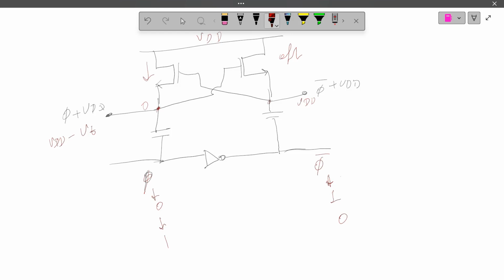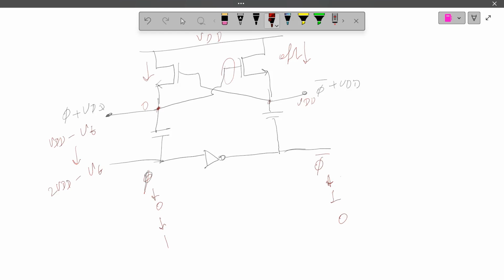Previously it is VDD minus VT. So how much here? 2 VDD minus VT. Okay. So it will turn on this device. So it will charge up to, previously it was VDD, right?